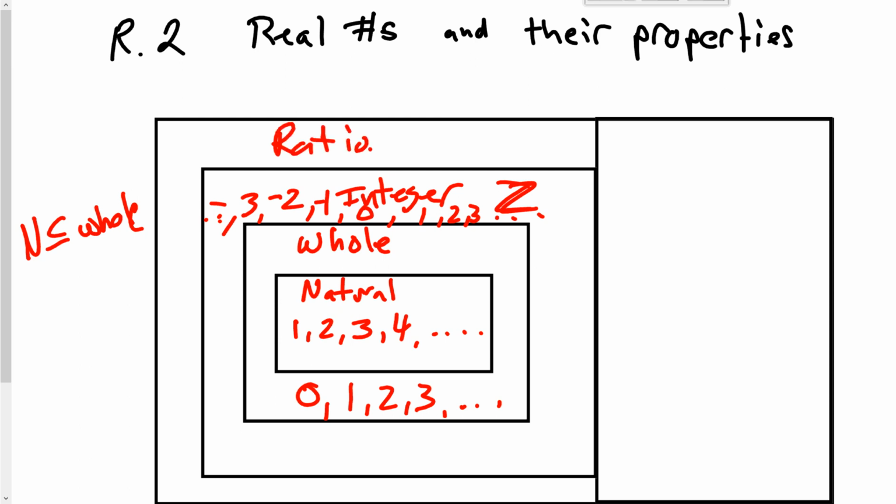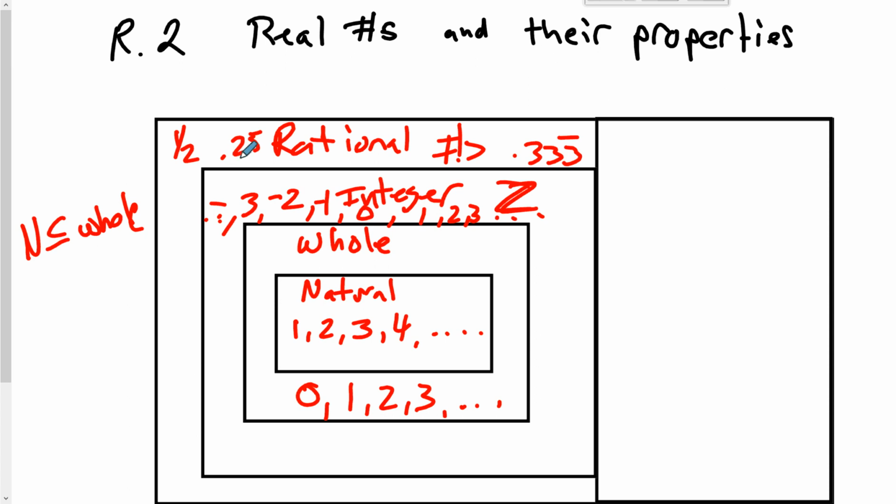Rational numbers are like 1/2, or 0.25, or 0.333 repeating. It's called rational, meaning it's understandable, right?